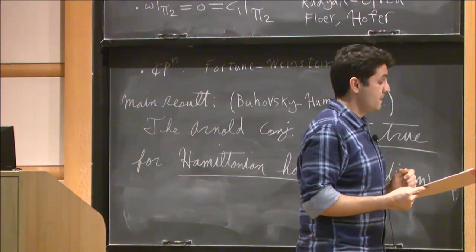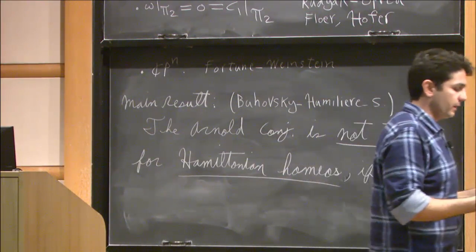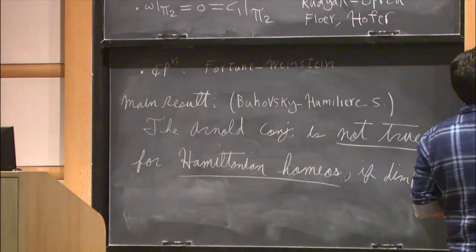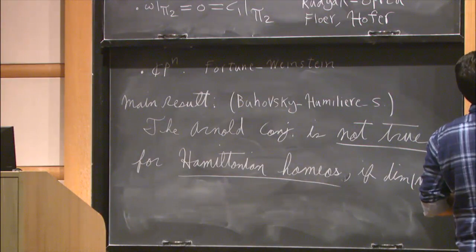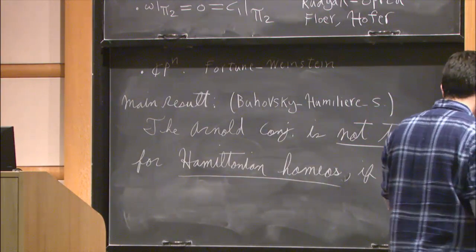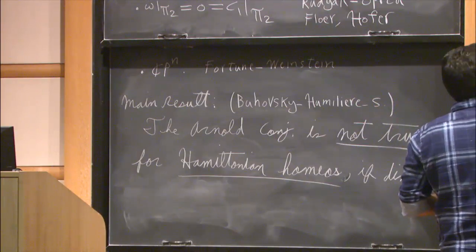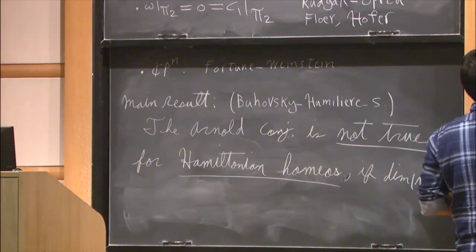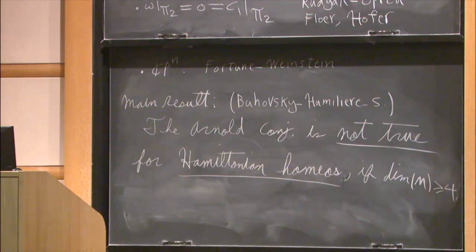I think a lot of people now know what symplectic homeomorphisms are, so I will very quickly give the definition of those, and then I'll move on to Hamiltonian homeomorphisms. The theorem that allows us to define symplectic homeomorphisms is the theorem of Eliashberg and Gromov. Here's what it says.